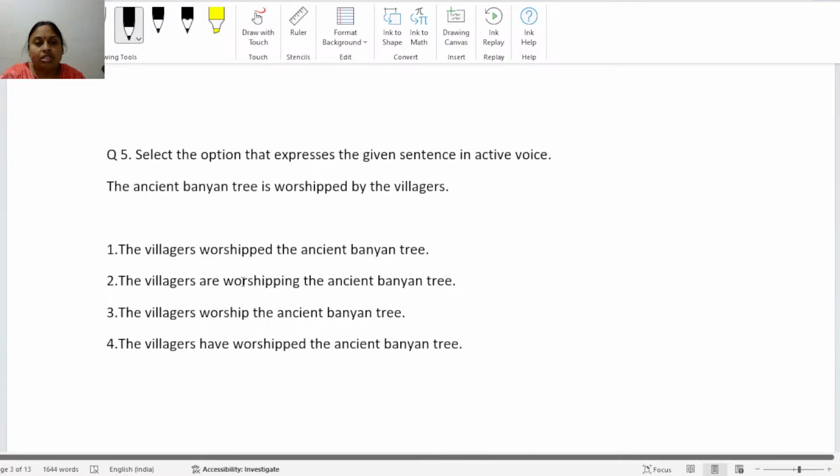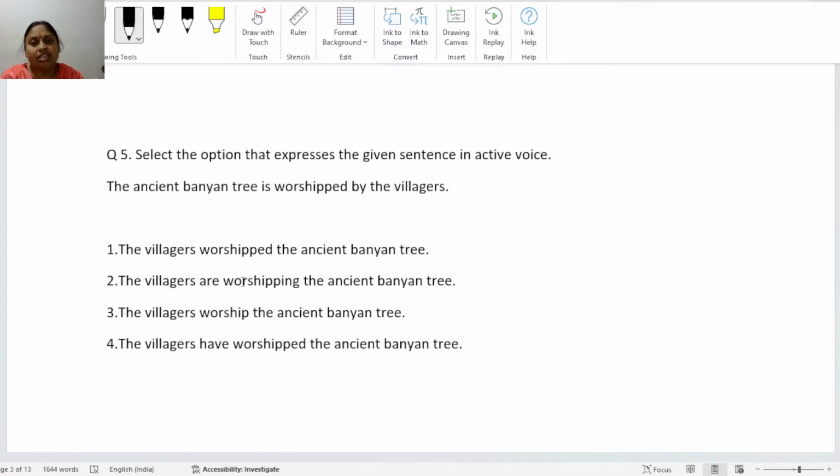5th question. Select the option that expresses the given sentence in active voice. So the ancient banyan tree is worshipped by the villagers. So here, the ancient banyan tree will be taken as a subject. And here, this will be the verb. And here, this will be considered as an object.